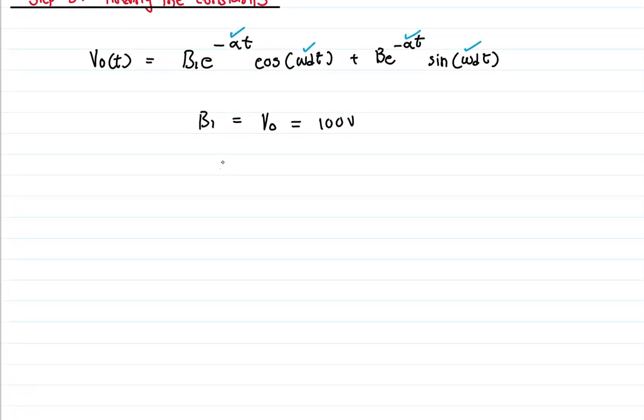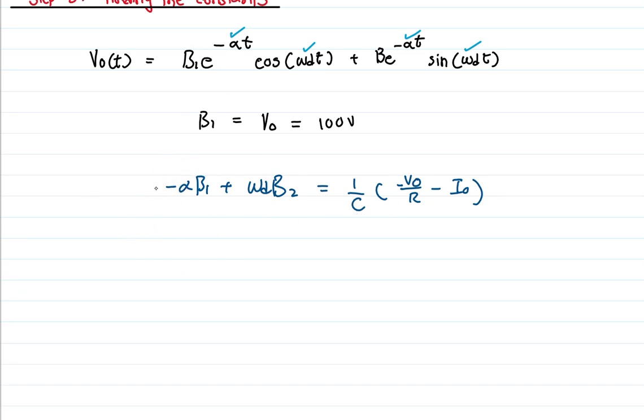To find B2, there is another equation. We have minus the Neper frequency multiplied by B1, plus the damping frequency multiplied by B2, is equal to 1 over capacitance, multiplied by minus VO divided by R, minus the initial current. We can substitute what we have into this equation.